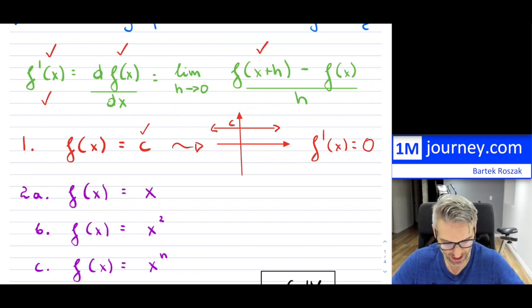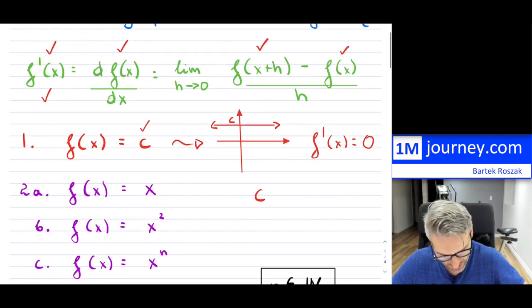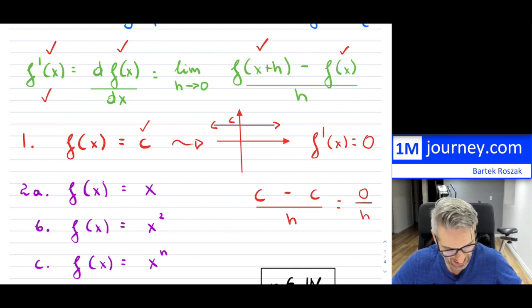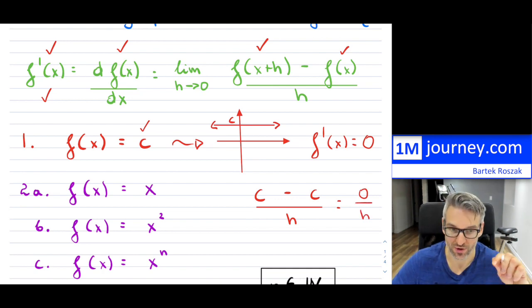If you substitute x plus h, well, there's no x to substitute, it's just simply c. And then the second one, which is minus c. So my numerator is just simply equal to 0. My denominator is equal to h. Now, you might say, well, wait a minute, I have 0 over h, and h tends towards 0.